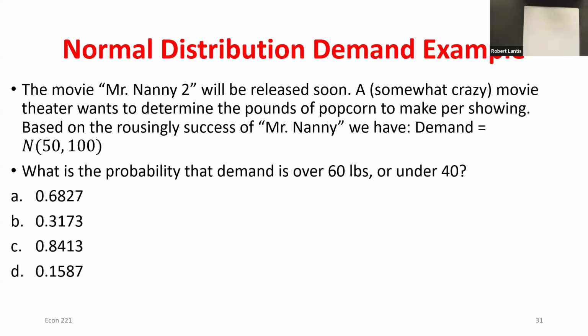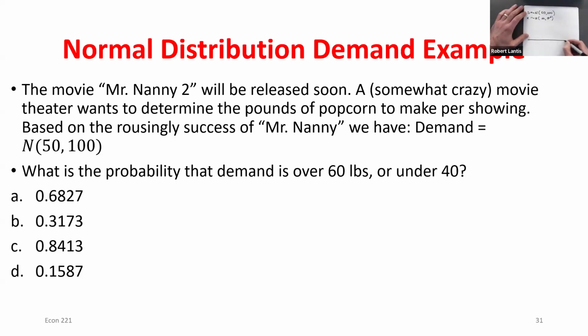So here I've got my demand following a normal distribution with a mean of 50 and a variance of 100. The way that we write out normally distributed variables in general, I had this last class, was here's their mean, here's their variance, okay?